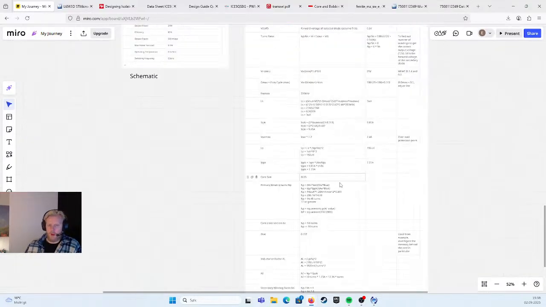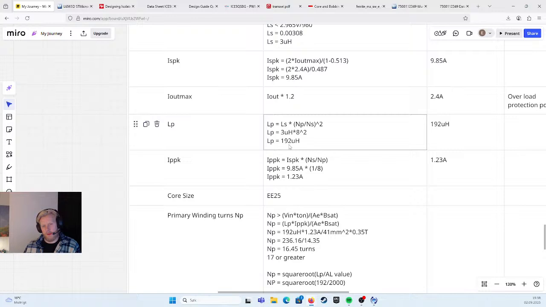Let's see what our primary inductance was. It was 192 microhenry.